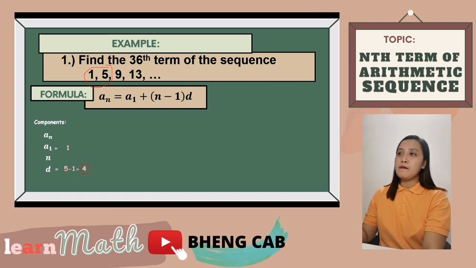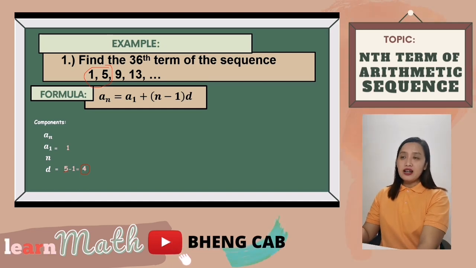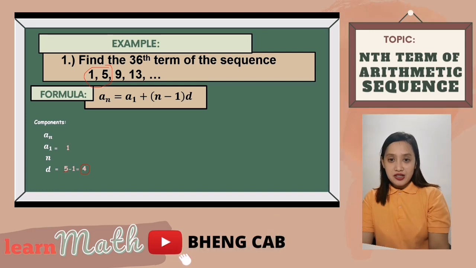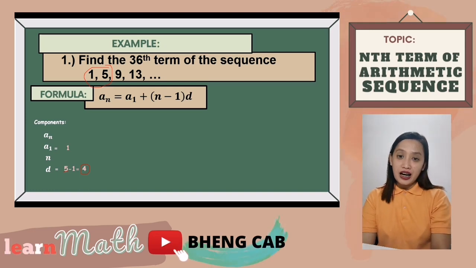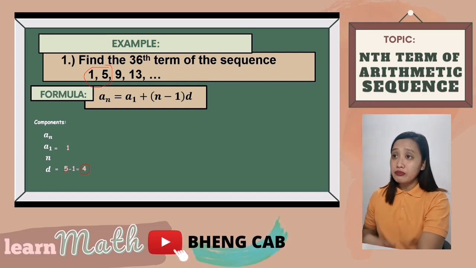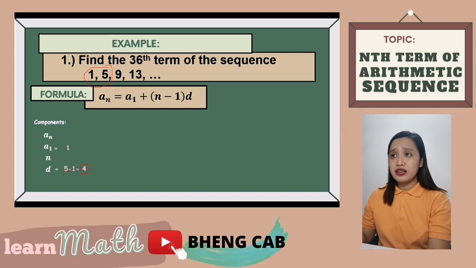Ganun lang kadali. Since identified na nga siya as an arithmetic sequence, hindi na natin kailangan i-validate pa kung may common difference dito. Kahit yung unang pair lang ng terms meron tayo, we can use it to identify the value of the common difference. So, meron tayong common difference na 4. Kasi, ibig sabihin ng 4 na yan, 1 plus 4 is 5.